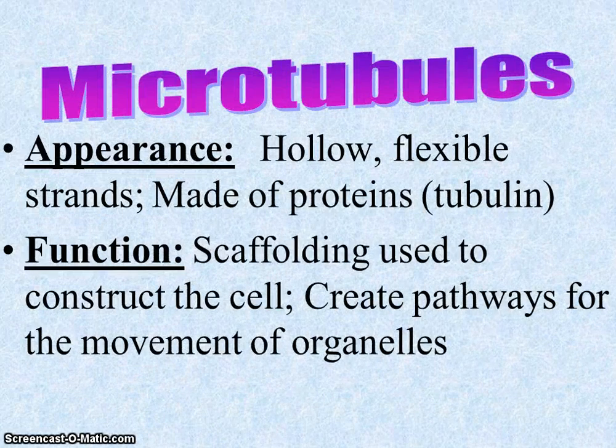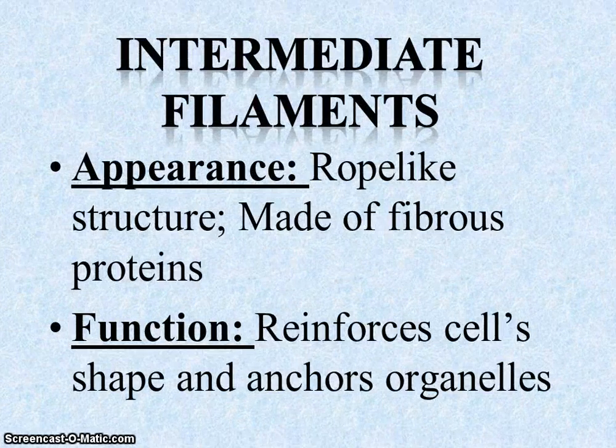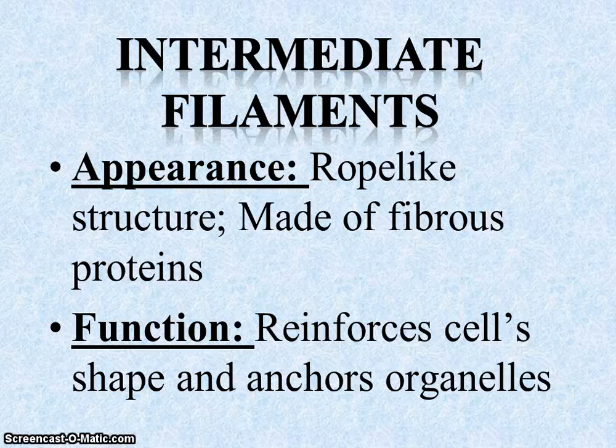Microtubules kind of look like ziti, and they are made up of the protein tubulin, so they are more hollow and flexible. This is the scaffolding that supports the cell, and it also creates pathways for the organelles to move throughout the cell. Intermediate filaments are more rope-like in structure, and they're made of a protein that is more fibrous.